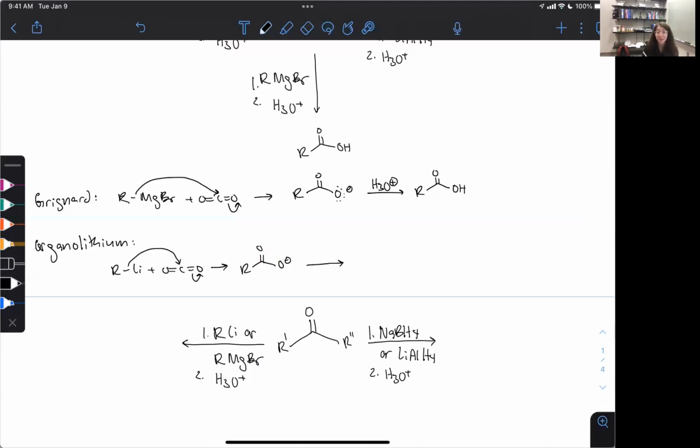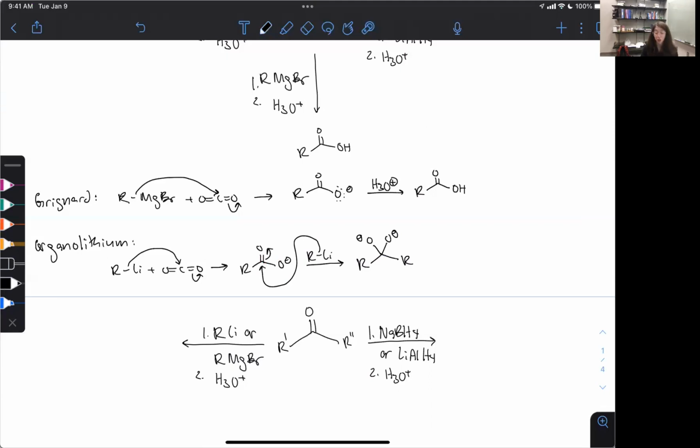But organolithiums are those strong nucleophiles. So what we can see is we can have another equivalent of organolithium come in, and we're actually going to make the 2- structure, which is why you need this to be so strong, because this is what we get as an intermediate.